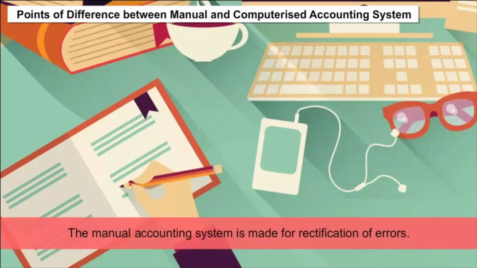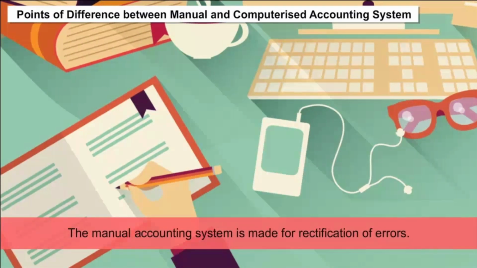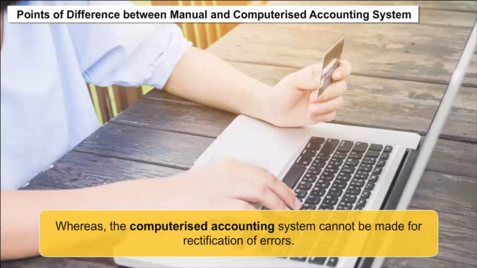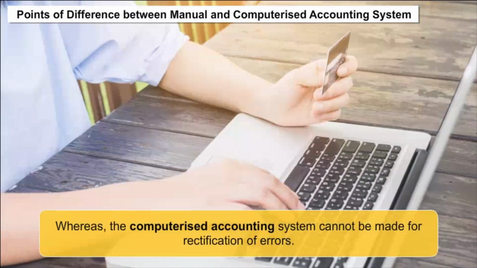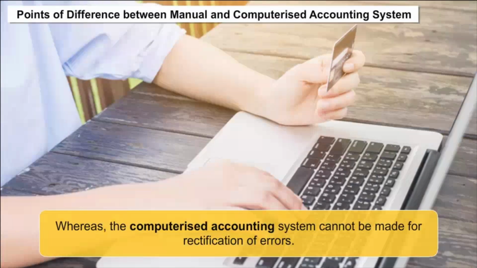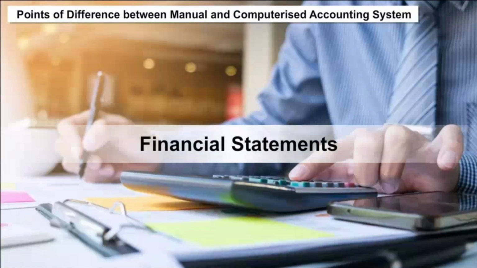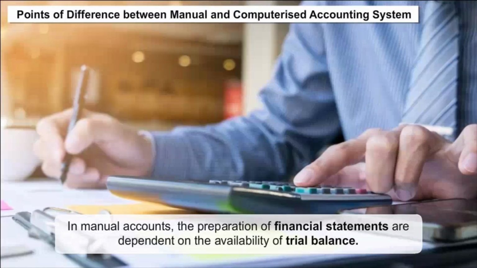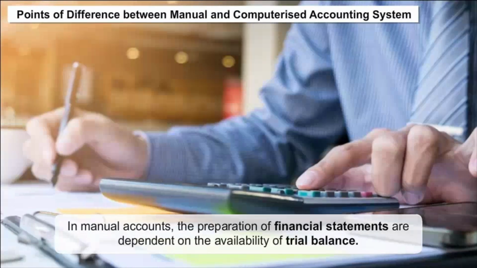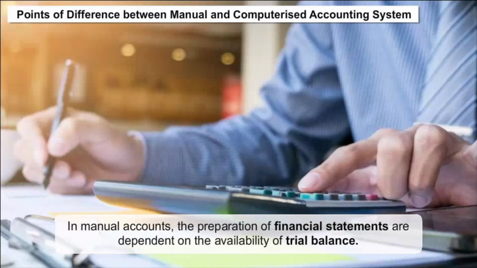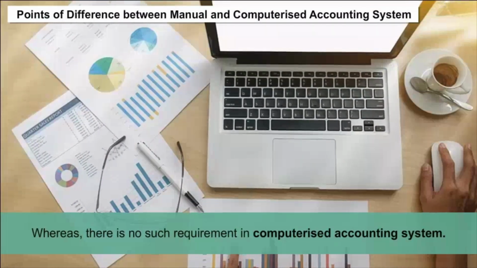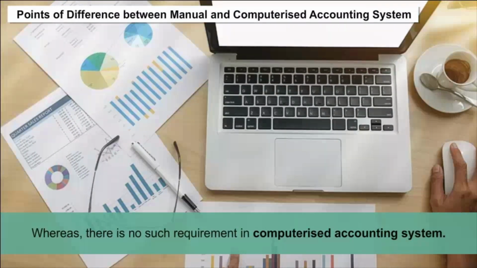The manual accounting system can be used for rectification of errors, whereas the computerized accounting system cannot be used for rectification of errors. Financial statements. In manual accounts, the preparation of financial statements is dependent on the availability of trial balance, whereas there is no such requirement in computerized accounting system.